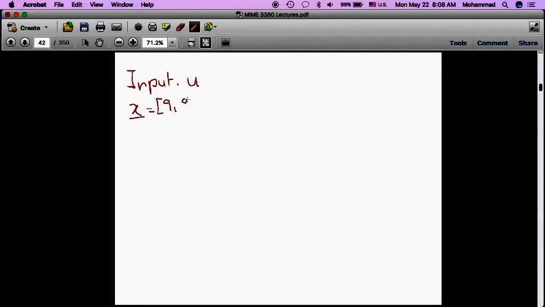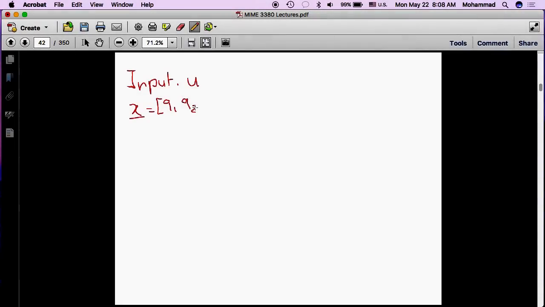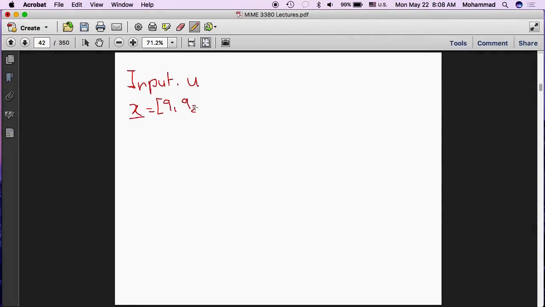So let's talk about state variables. We said every time we have more than one state variable, we are going to use the vector notation. So Q1 and Q2 are definitely the two variables of interest to us. If we know how much each of these two masses have moved, then we know a lot about the system. But that's not all.